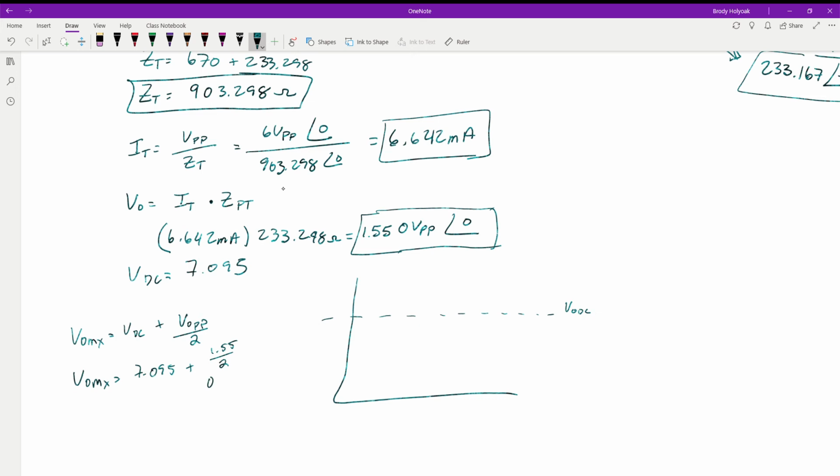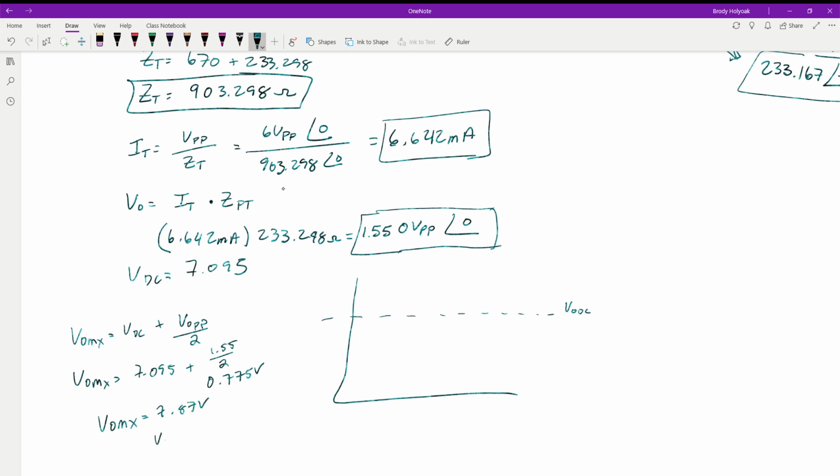So this is 0.775 volts. So we're going to go up and down this. So V out max, 7.095 plus the 0.775. So we're going to have a max voltage of 7.87 volts.